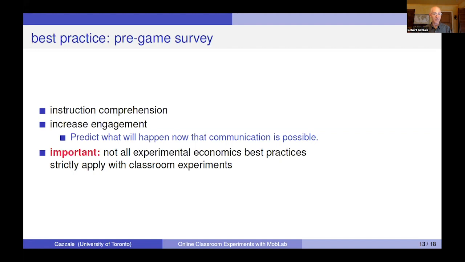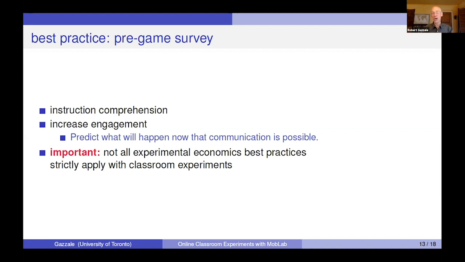Another great example of this is at the end of the game session that you played, I identified who was the highest earner. This would be a big no-no if I was running this experiment for research. Something that we don't do. And initially, when I started running experiments in my classroom, I never did it.